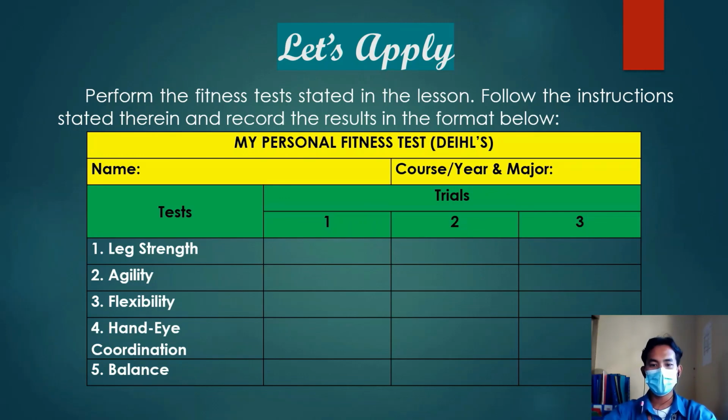And then, ang ilalagay lang po natin dito ay yung mga indicators. Let's say for instance, in your first attempt, you got fair. So ilalagay po natin dito fair. In your second attempt sa agility, excellent. So ilalagay po natin dito, excellent.